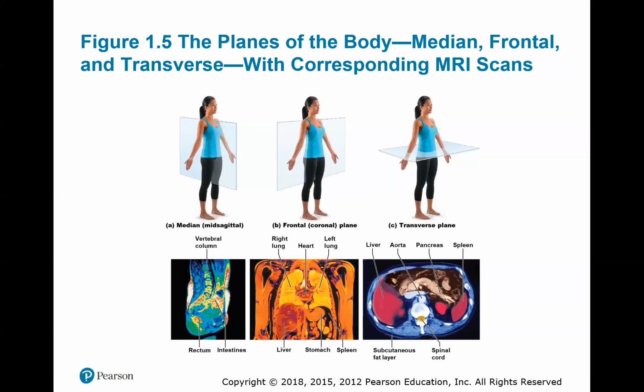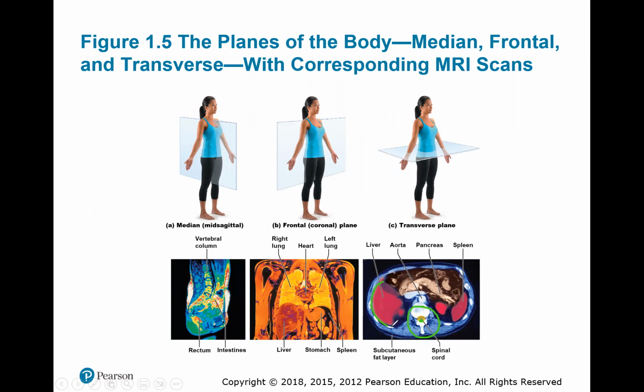From figure B, we see a frontal or coronal plane. So we're making a front and a back, or an anterior and posterior. And here in this MRI scan, we can see the heart, and we can see the lungs. We can also see some of those abdominal organs below. And then finally, last one is that transverse plane. So we're making a superior and inferior, or a top and bottom. And we're able to look inward to see, for instance, this is the vertebrae, this is the spinal cord.